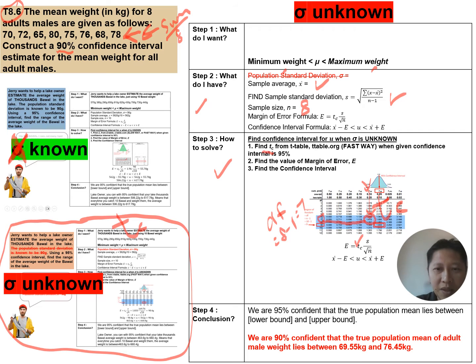For this problem, we're going to have our TC, and we're going to have our S, which will require some effort to find. The n, no problem, n equals 8. Then we will get the margin of error.